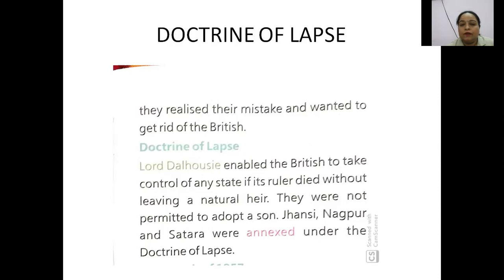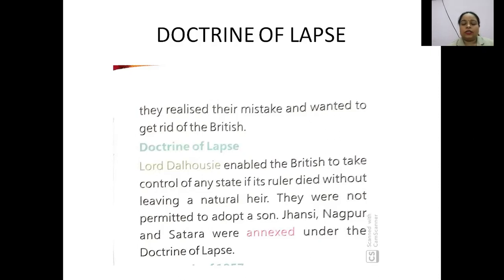The adopted son will not become the next king. They were not permitted to adopt a son. So who are the people affected by the Doctrine of Lapse? That is Jhansi, Nagpur and Satara. They were annexed under the Doctrine of Lapse.